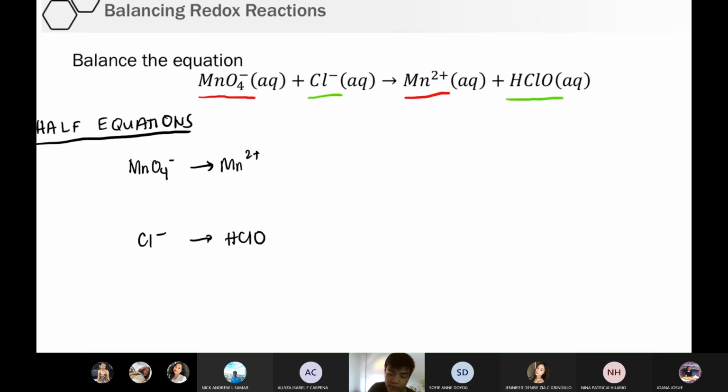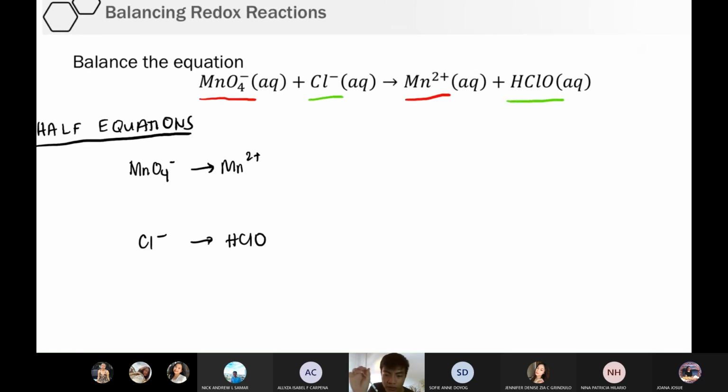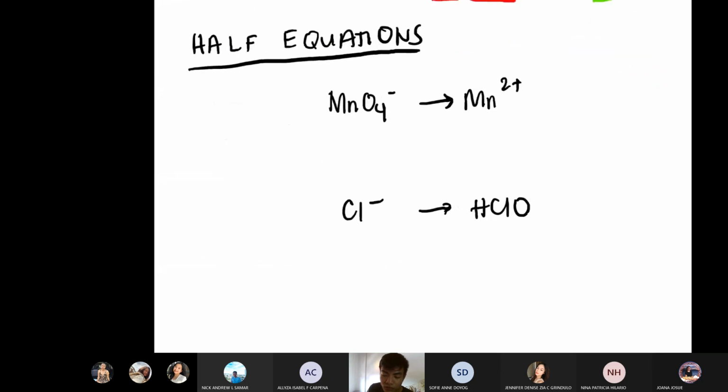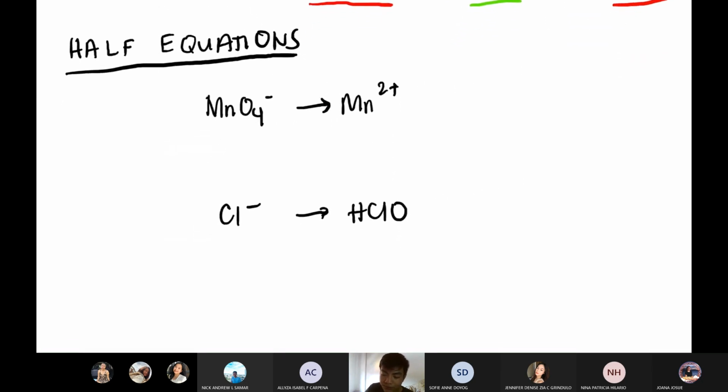Let's zoom in. So, ganun muna gagawin niya. You split the equation into 2. Pag mag-split kayo, kailangan yung similar atoms makikita mo doon. Hindi pwedeng MnO4 pati HClO kasi walang similar atoms eh. Ano yung similar atom dapat? Yung mga manganese, no? Ito naman yung mga chlorine atoms. Okay. So, ganun. You split the equation into 2 half equations.